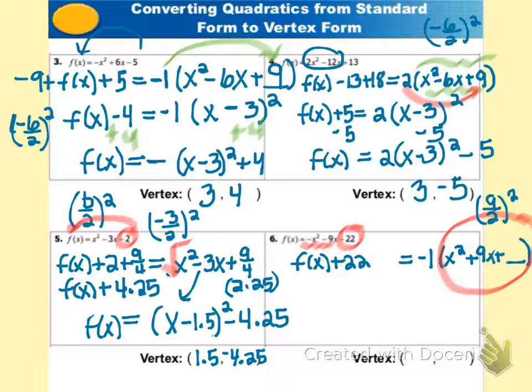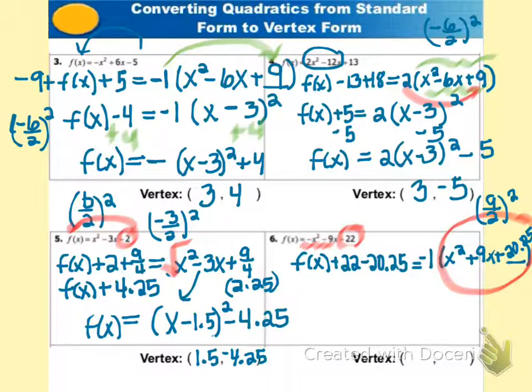Let's see if I can fit that in there. It's not going to fit very well. But I really didn't add 20.25 to that side, right? What I really did was I added negative 1 times 20.25. So really on the other side, I have to subtract 20.25.